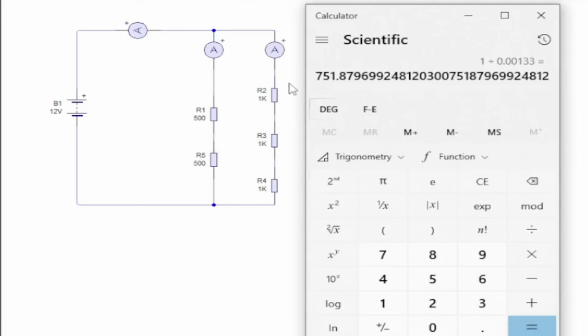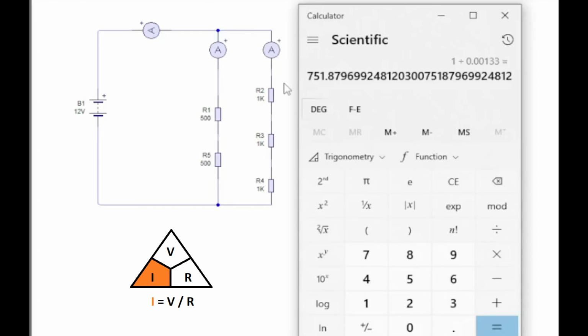If you remember our wee triangle, we have V equals IR. We want to find I, so we cover I, so we have V divided by R. In this case we have 12 volts divided by 752 ohms. Let's see what that works out at. 12 divided by 752 equals 0.015957444 etc amps.